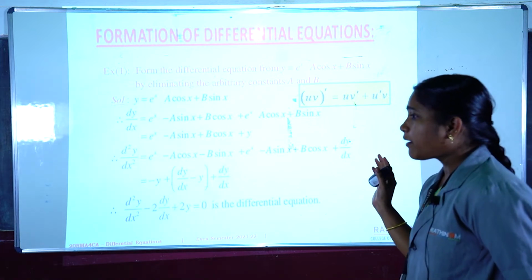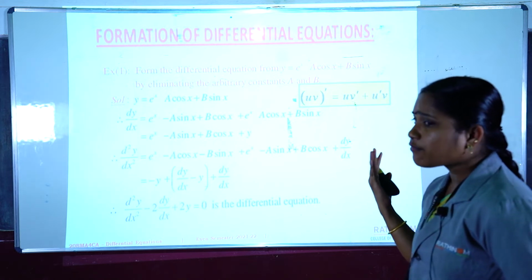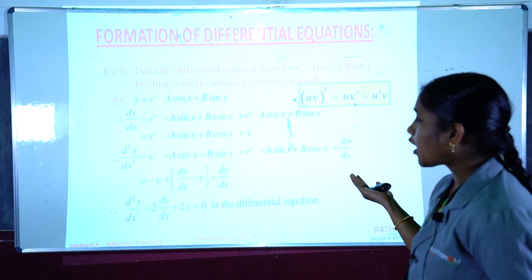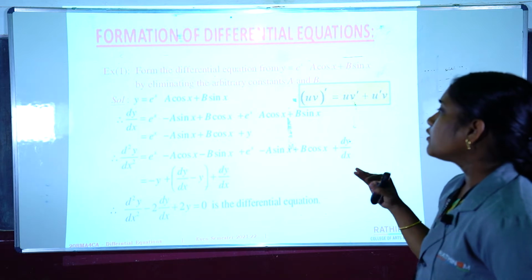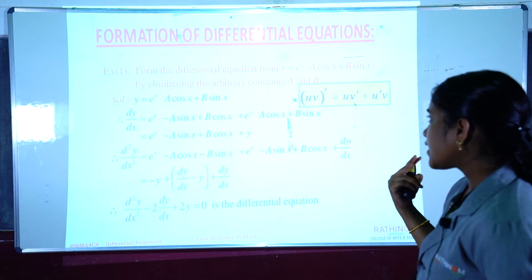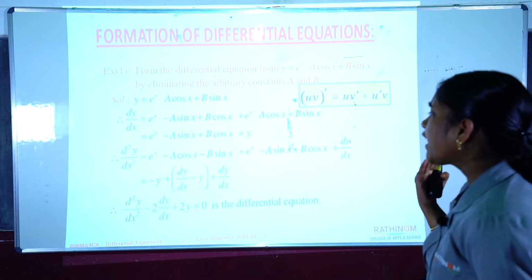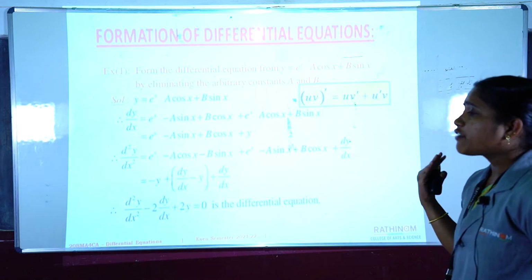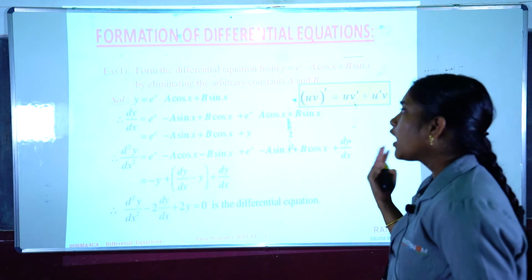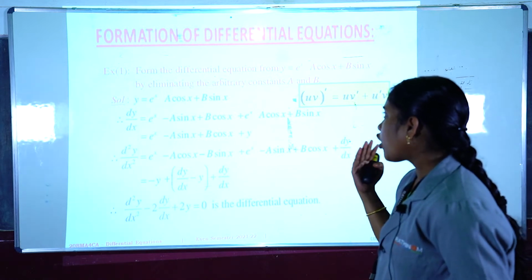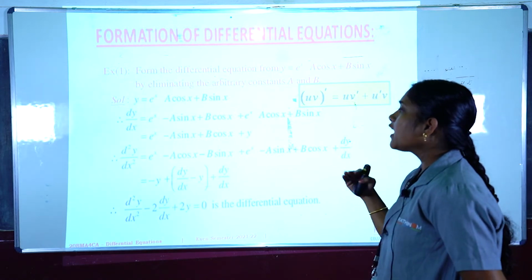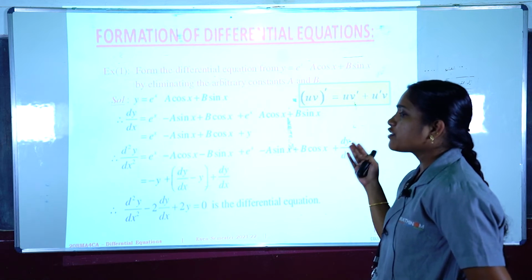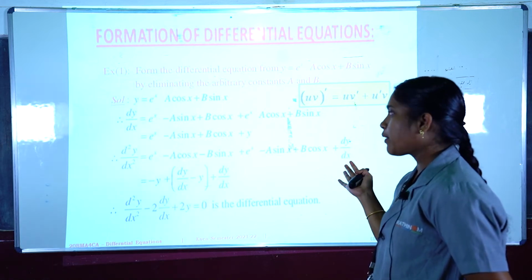They are constants to which we can give any values. If we have more than 2 arbitrary constants, we have to differentiate more than 2 times. Suppose we have n arbitrary constants, we can take n differentiations of the particular equation.